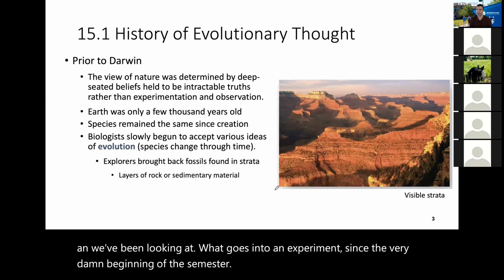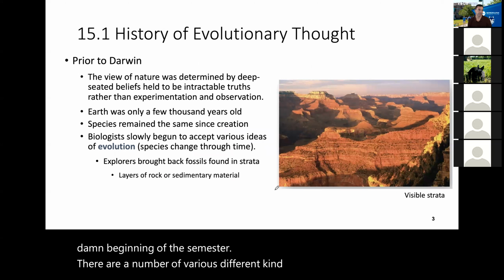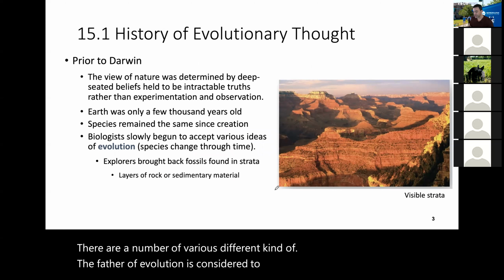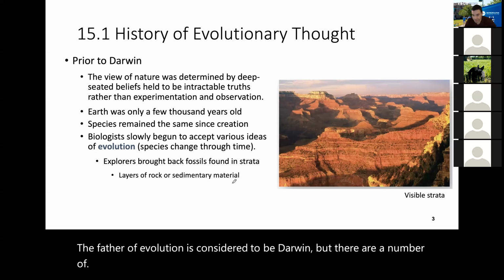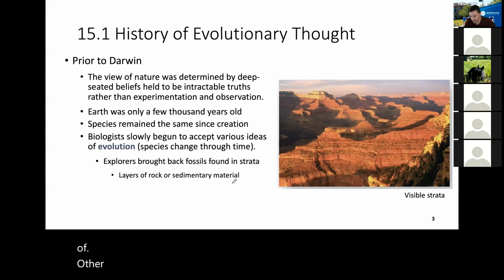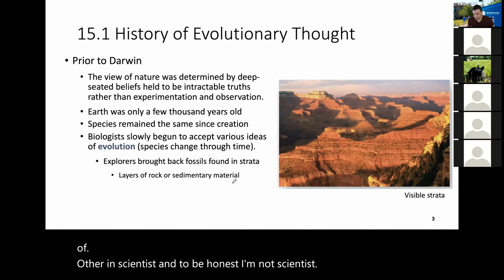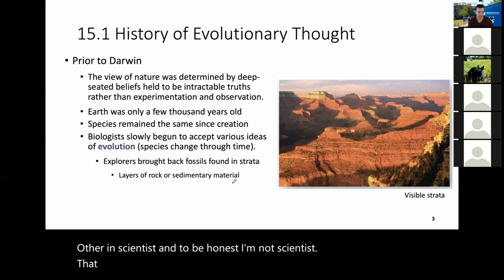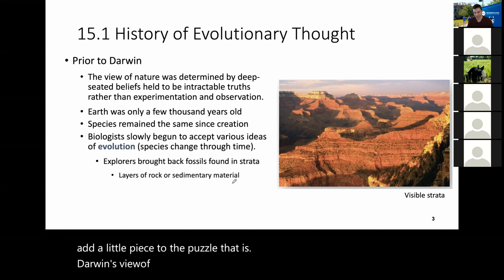The father of evolution is considered to be Darwin, but there are a number of other scientists, and to be honest, some not scientists, that add a little piece to the puzzle that is Darwin's view of how things adapted and how things changed over time.